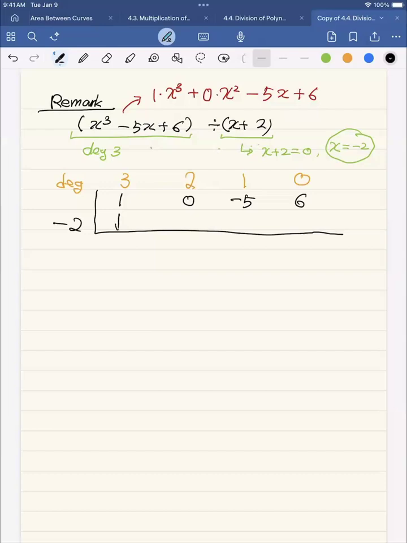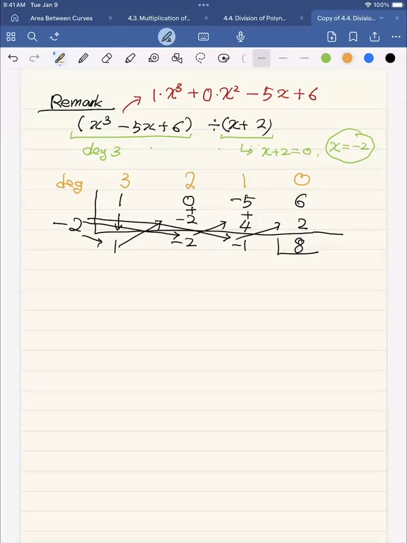So we write 1 here, and then when we multiply these two, that will be minus 2, and add them up, then minus 2, and we multiply these two to get 4, and when we add them up, we will have minus 1. And lastly, when we multiply these two, and right here we have 2, so the remainder is 8.